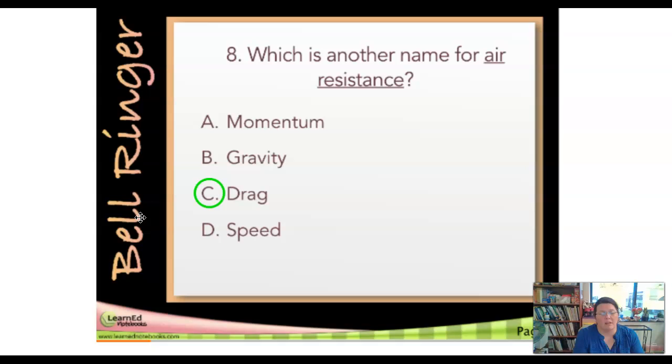When they're racing, they don't want that friction because that friction is going to slow them down. It is rubbing against them, and any friction at all causes the cars to go slower.